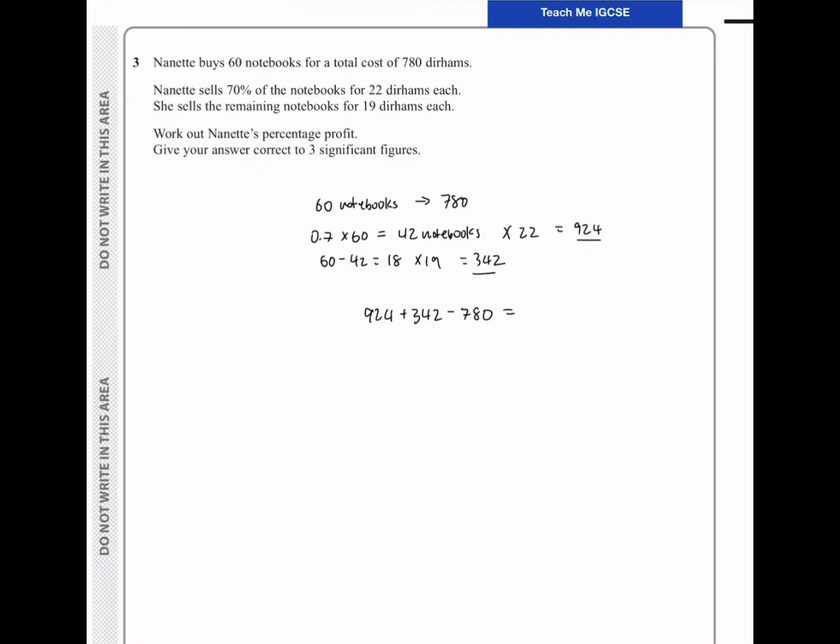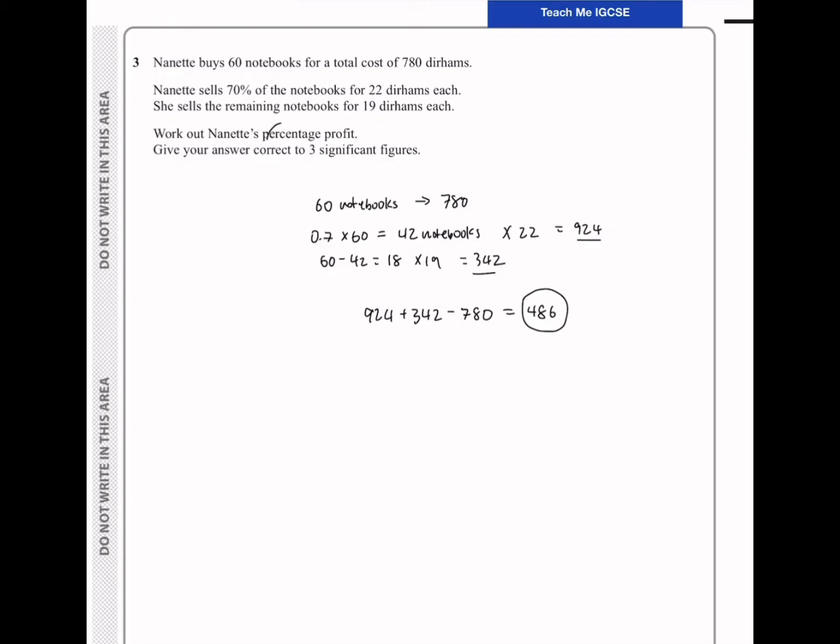So 924 plus 342 minus 780 is equal to 486 dirhams. And we need to find the percentage profit.